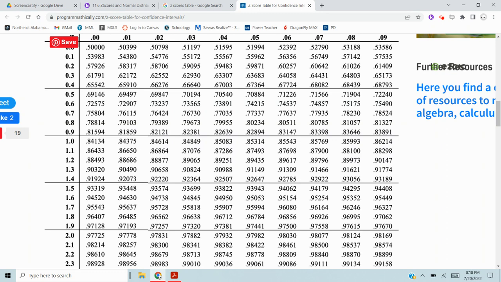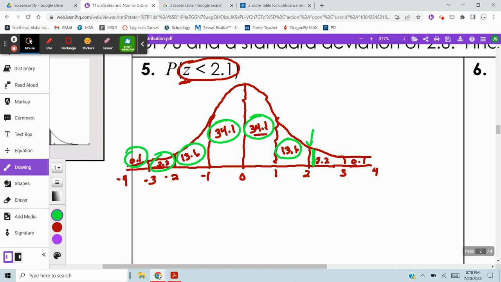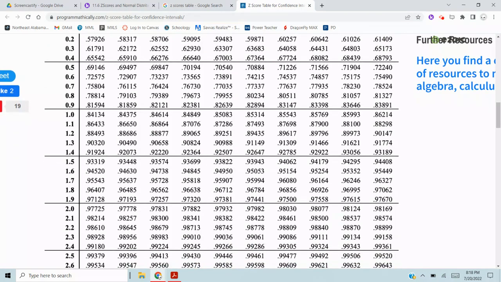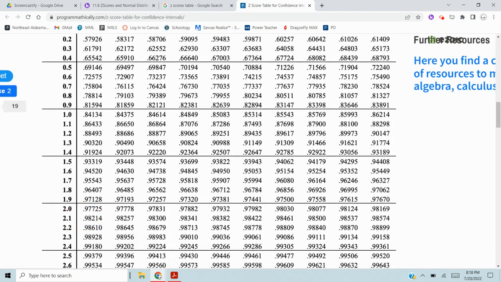And if we go back, that's backed up by this. Here's one standard deviation away. All of this added together would be 50% plus another 34, which is that 84.1%. So all we have to do to find the probability that we're below 2.1 is scroll down to 2.1, look right here, and we see 0.98214 right there.